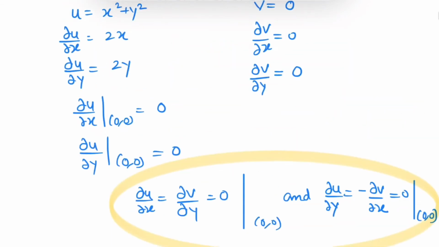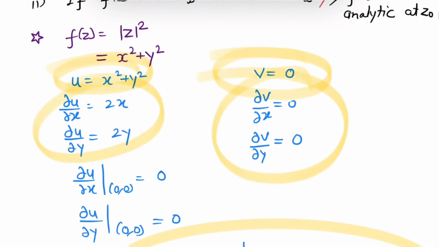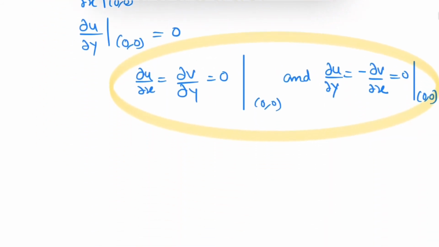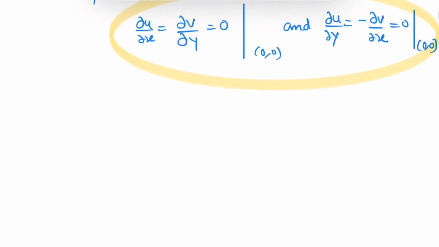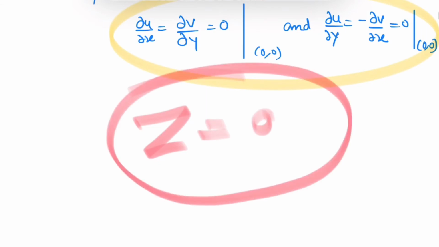And functions u and v are continuous and their partial derivatives are also continuous. Hence f of z equals modulus of z square is differentiable at point z equals to 0. But f of z is not analytic at point z equals to 0.